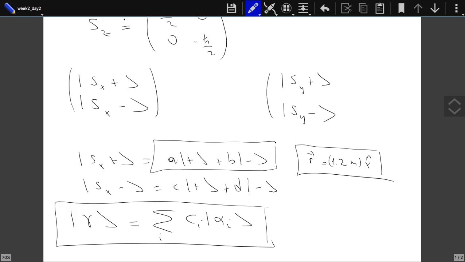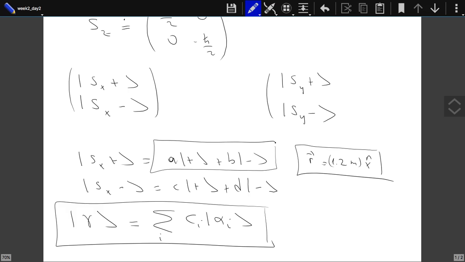The Copenhagen interpretation tells me that if you make many measurements on identical states, some of them will turn out to be in the Sz plus state, some of them will turn out to be in the Sz minus state. And the probability that, if you pick one measurement, it will be a plus state is just the absolute value of a squared. The probability of Sz minus will be just the absolute value of b squared. This is not the only interpretation, but this is the widely accepted interpretation.